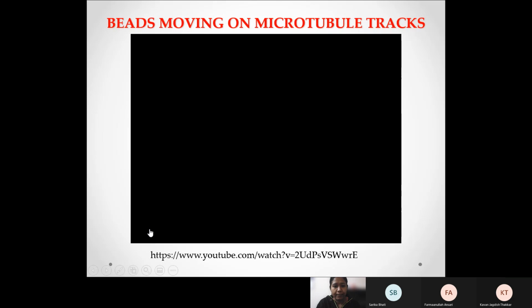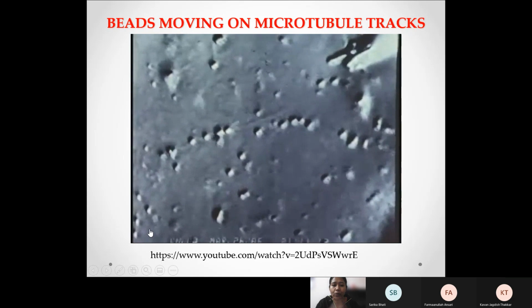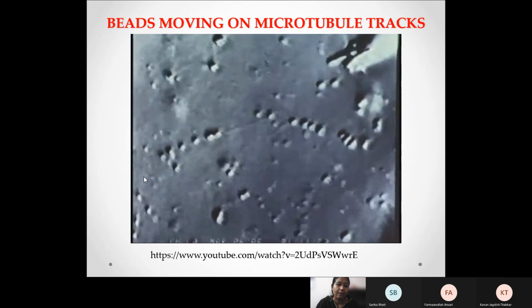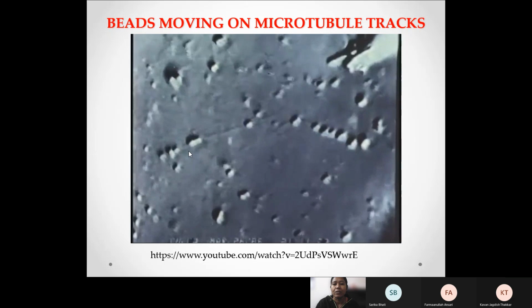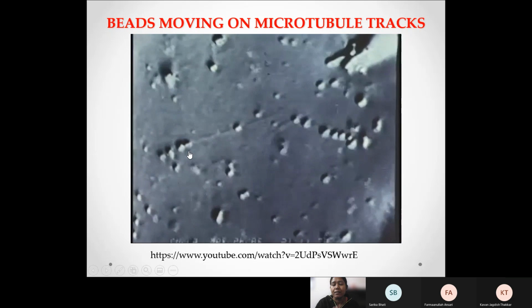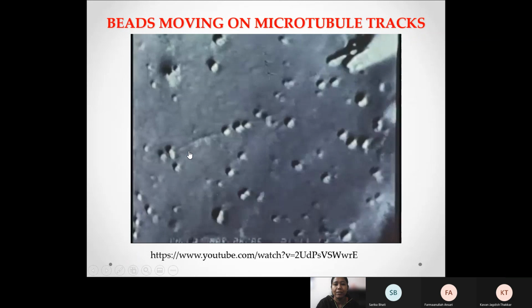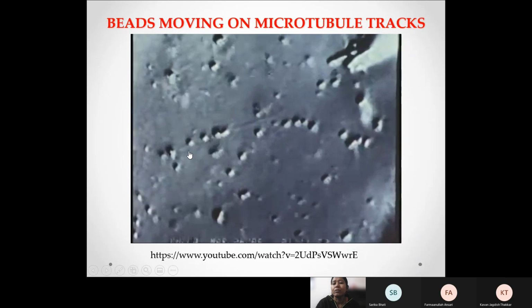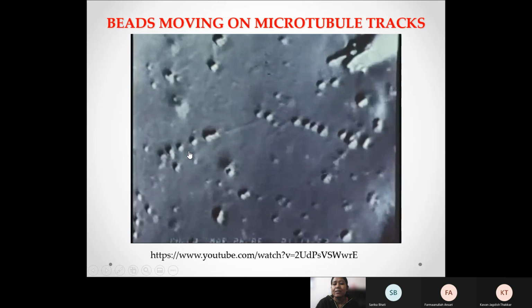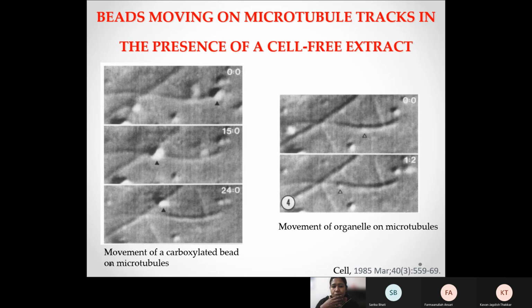And then it turned out that myosins were in fact not able to answer this question of what was actually transporting these beads, because this was kind of recapitulating what is actually happening inside the cell. You put in beads and you see that the beads are moving, but the beads never moved with myosins, which indicated that there must be something else working behind this.